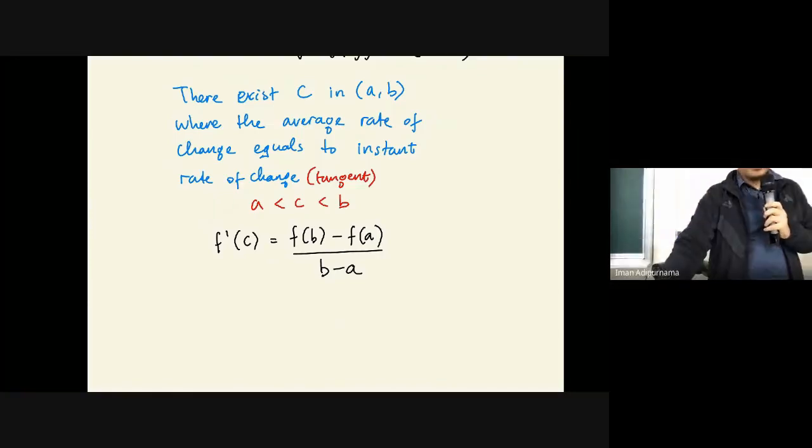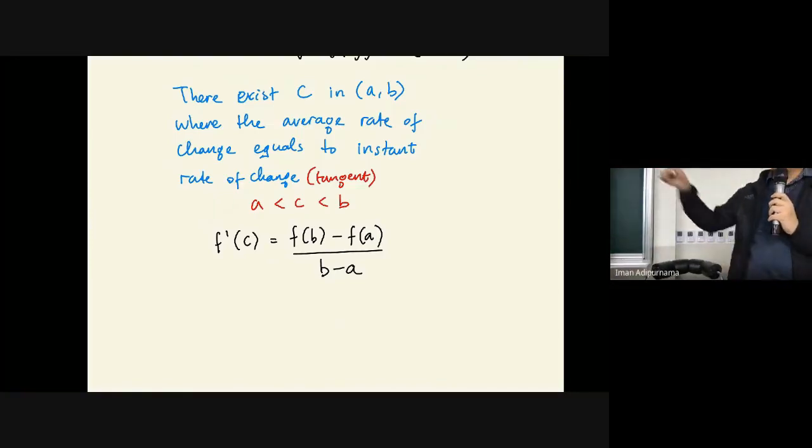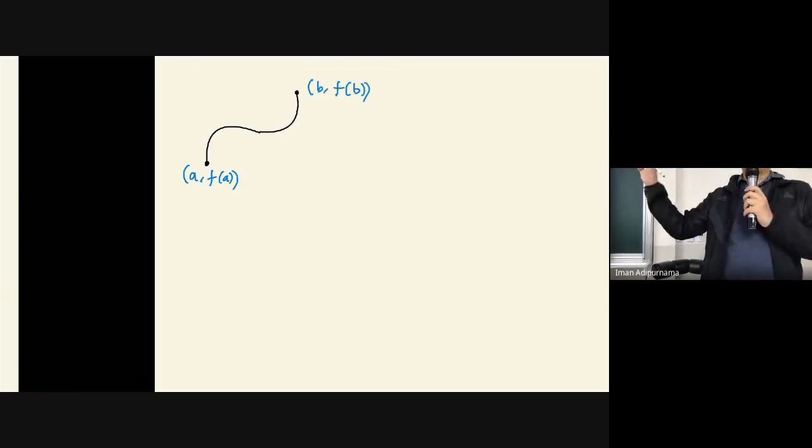Let me show how we get the idea of how this formula works, how we see it visually. Let's say we have a graph. Maybe the graph looks like this. You have two points. Let's say this is A, f of A. This is B, because we are dealing with A and B, the endpoints of our interval.